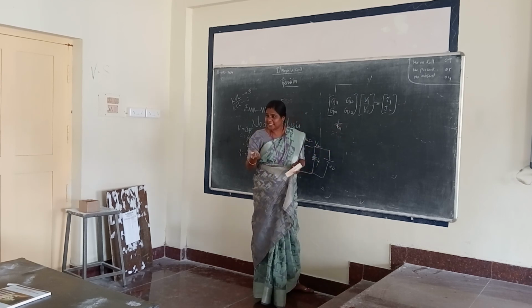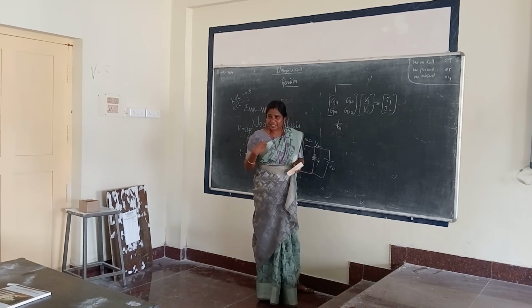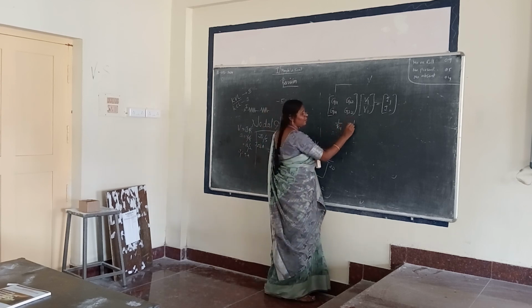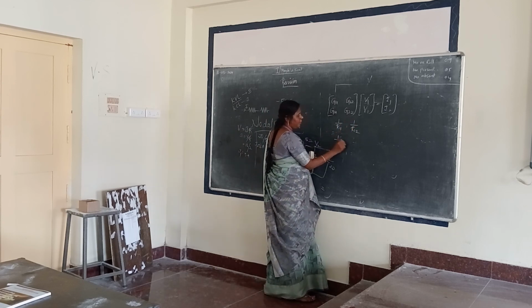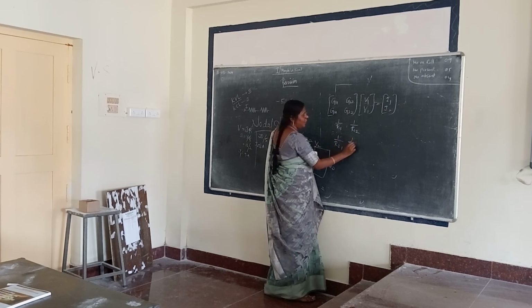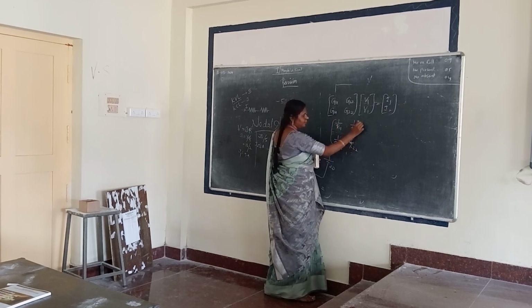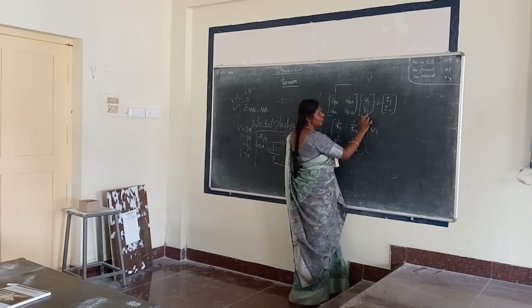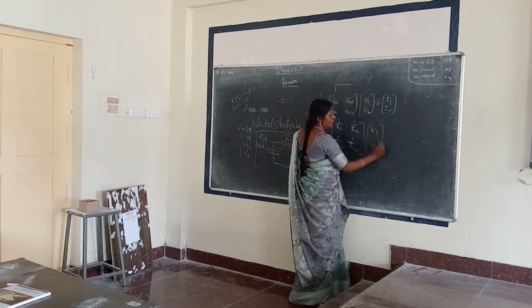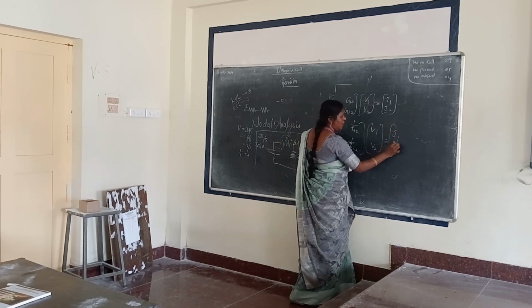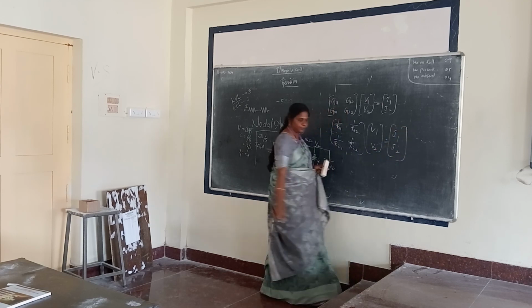Conductance is the inverse of resistance. G is conductance, R is resistance. So conductance is the inverse of resistance. So it is 1 by R12, 1 by R21, 1 by R22, into V1, V2 is equal to I1, I2.